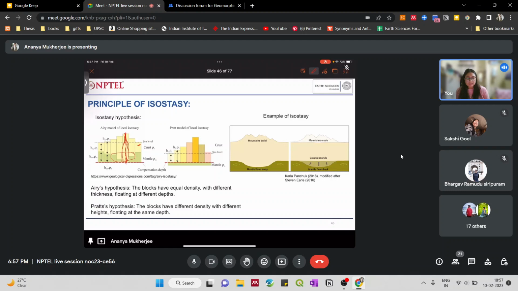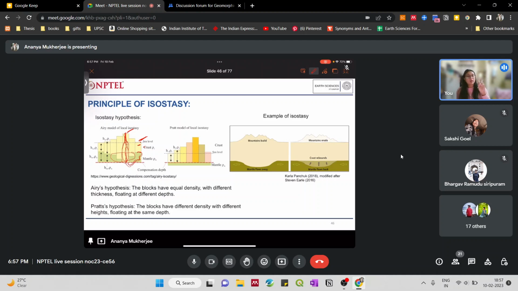Above the sea level there is a very small amount of oceanic crust, and relatively you can see that the root of the oceanic crust is much shallower. Consider this as your mountain, and this is a sea floor. So you can see that this is the difference between the roots. So this is the isostasy hypothesis.